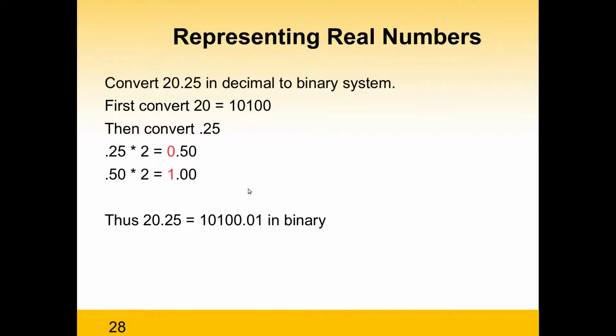At this point you end the multiplication because you don't have anything left. So 0.25 is equivalent to 0.01 in the binary system, and the number 20.25 is equivalent to 10100.01 in the binary system.